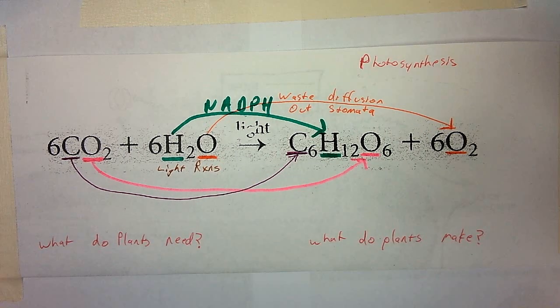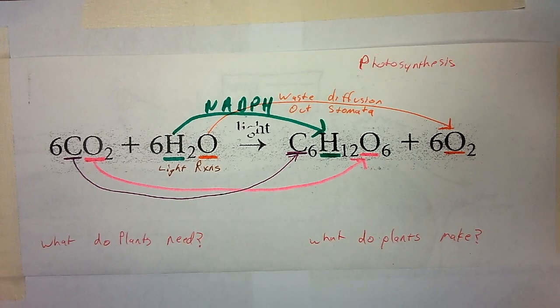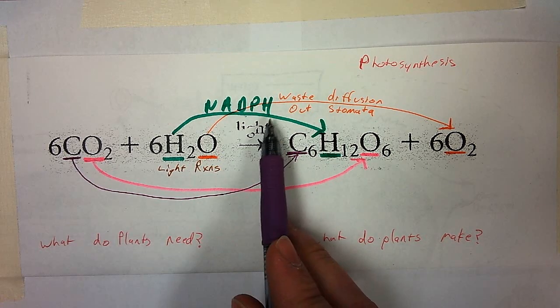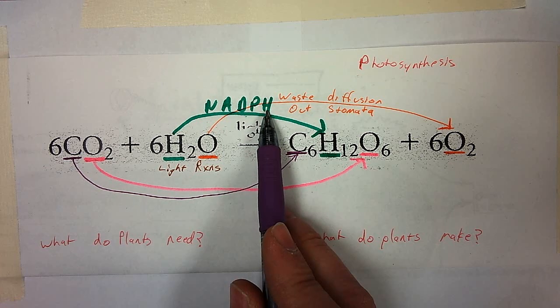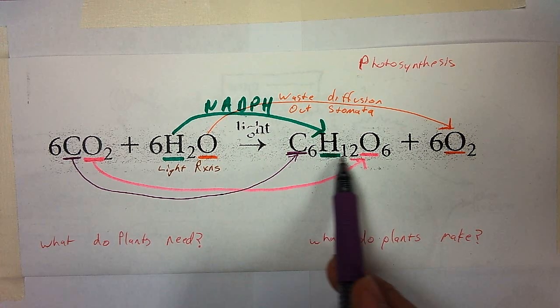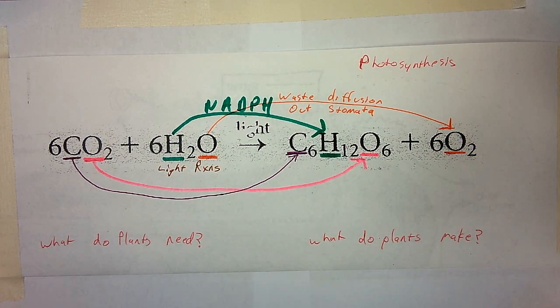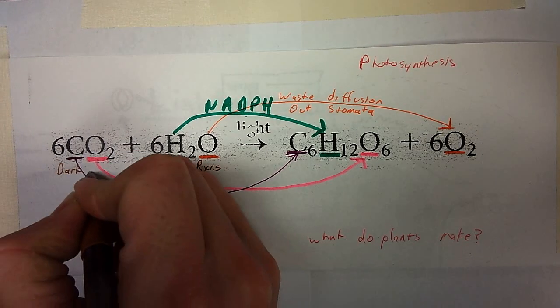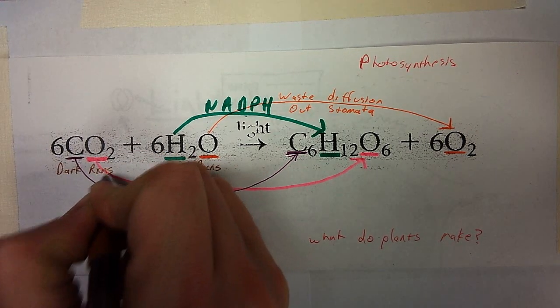Okay, so the dark reactions, which take CO2 and the hydrogen from the light reactions and combine them all together to make glucose, happens pretty quickly. So let me mark here dark reactions.